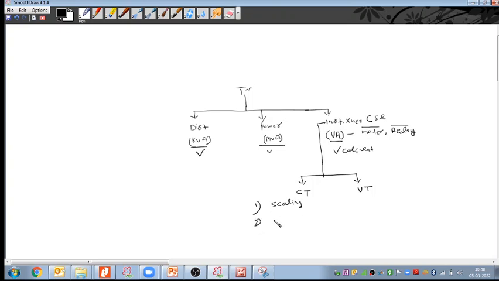At the same time, they provide isolation between the high voltage primary circuit and the connected instruments. These two things we discussed yesterday.